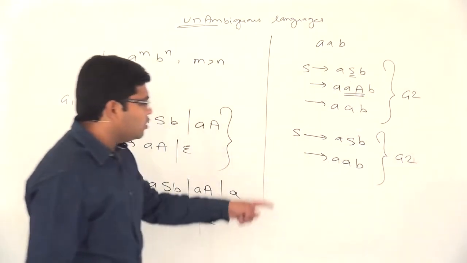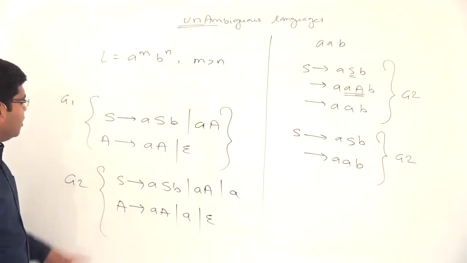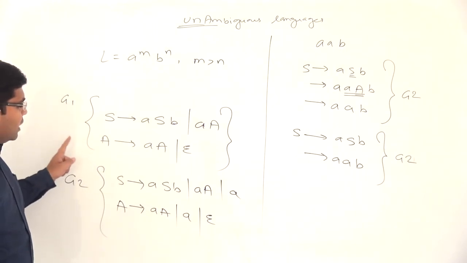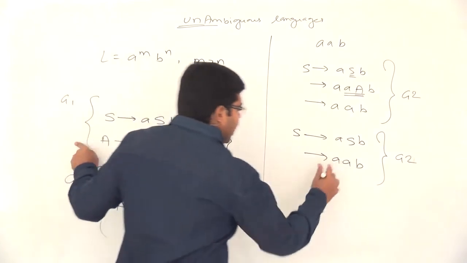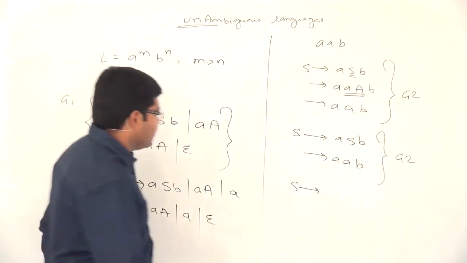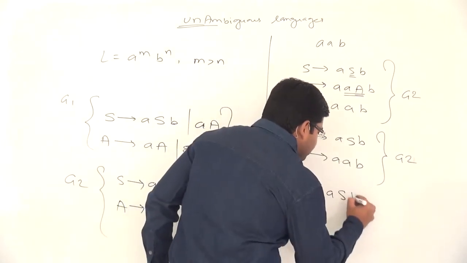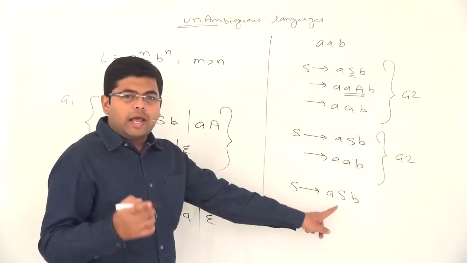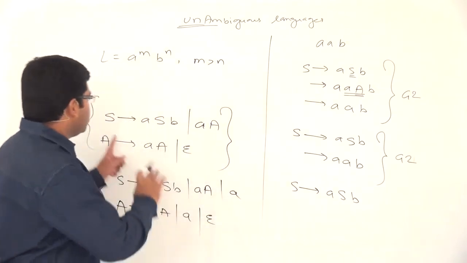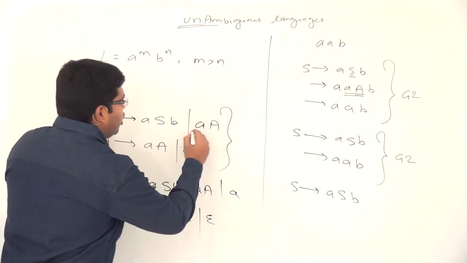Now let's try to derive the same string a square b using the first grammar. Initially we need to apply S produces a S b, so it will be a S b. Now if we apply a S b once again, you will get two b's, which we don't want. So I need to come out of this S production and apply this production.